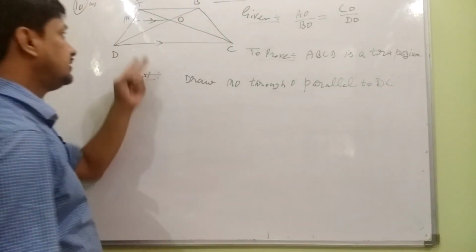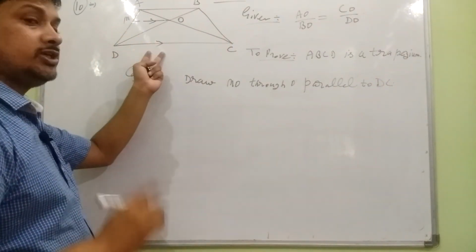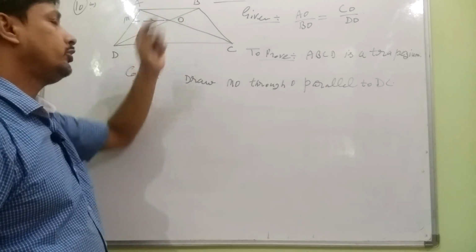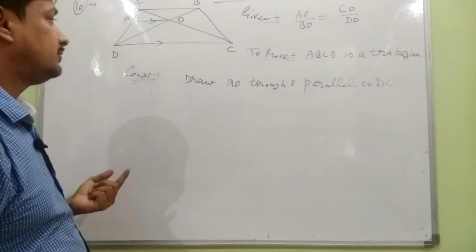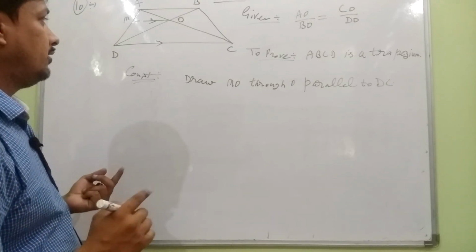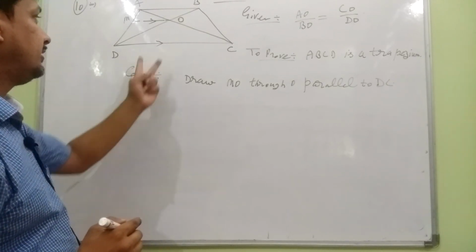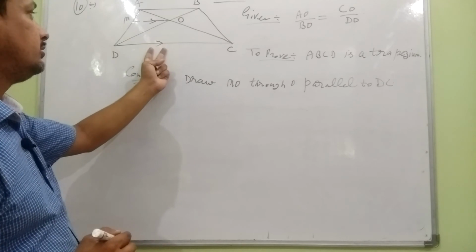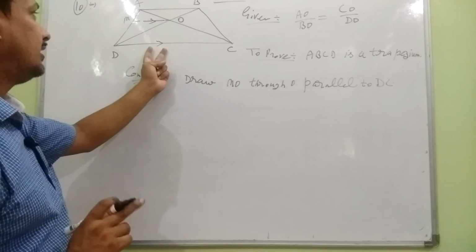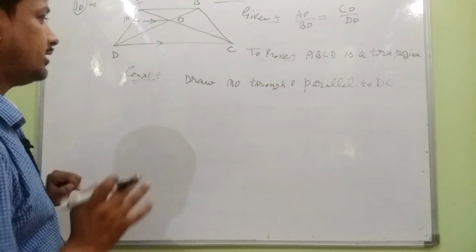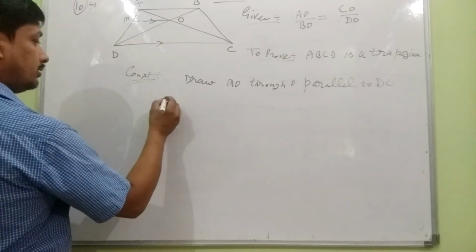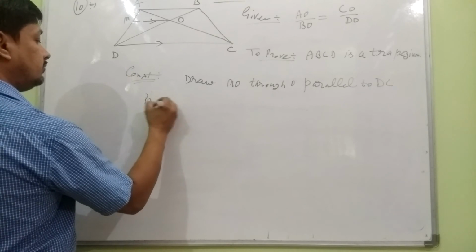You can consider it parallel to DC, or you can consider it parallel to AB, but at one time you can consider one thing only. If you are considering MO parallel to DC, then it's fine. Otherwise you can also consider MO parallel to AB. So now see its proof.